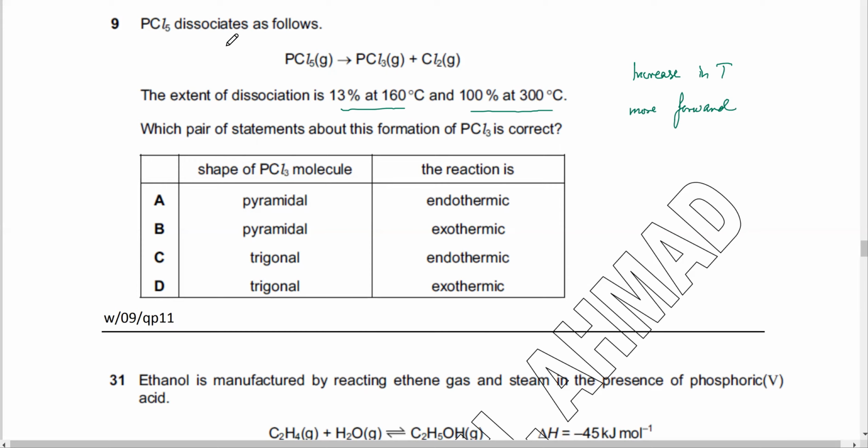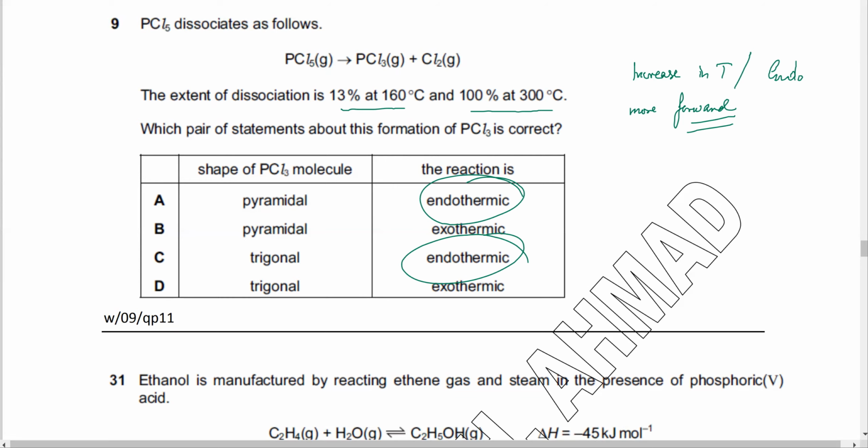So at 160, at a lower temperature, the reaction wasn't going forward. But at a higher temperature, it is going forward. Although this is not reversible, the rules still apply. If you increase temperature, the endothermic reaction is going to be favored, which means the forward reaction is the endothermic reaction. So it's either going to be A or C.